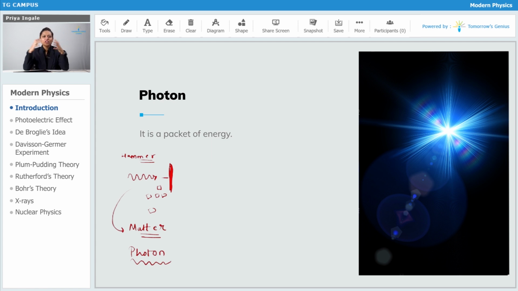Okay. Now, when that radiation behaves as matter, I am calling that matter a photon. Now, we know how radiation gets released. We know the structure of the atom: at the center there is the nucleus, and then there are orbits where electrons are revolving. And we know that when an electron jumps from a higher energy level to a lower energy level, it releases some radiation. Just imagine the electron jumping from a higher energy level to a lower energy level.